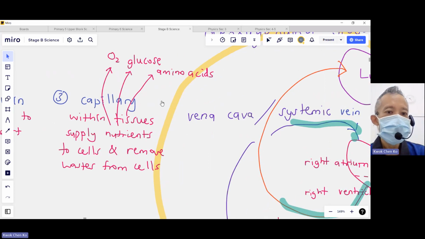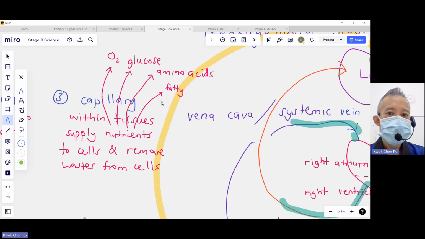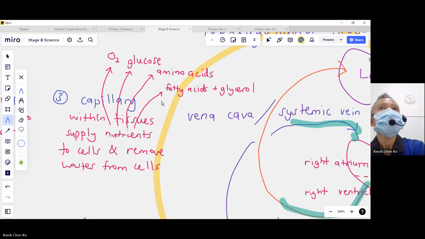And of course, don't forget your fatty acids. These are all considered nutrients. And of course, that small companion of fatty acids, glycerol. But of course, there are other things too, like hormones and so on, but we will not go into that.